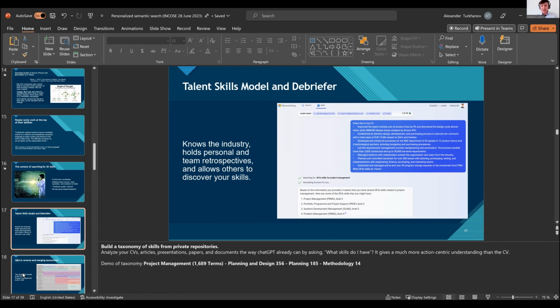What it does is bring in this enormous data set. For example, for me, it's several hundred megabytes of personal information related to my job, and nobody will go through that. It builds a taxonomy of my skills and publishes it.